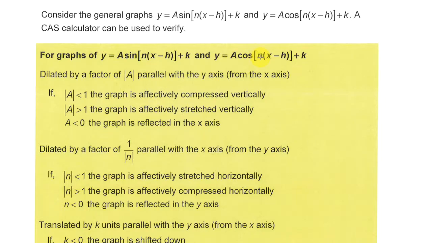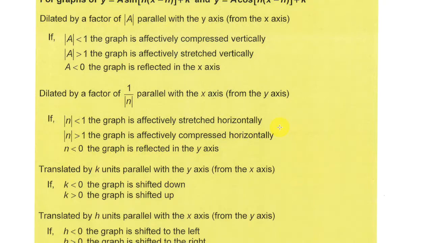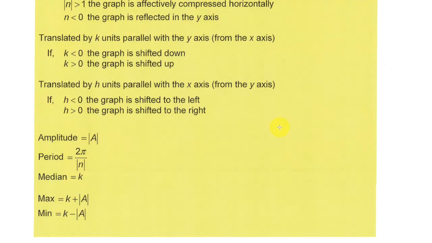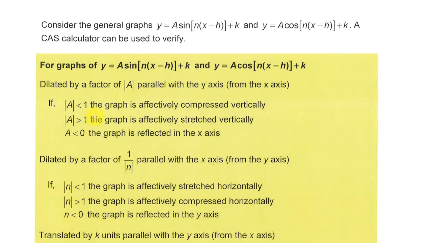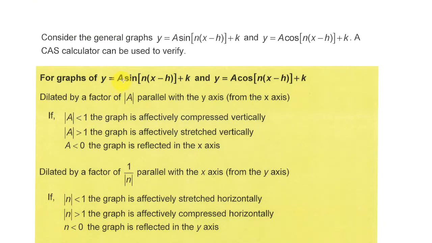N is the dilation factor of 1 on n, parallel with the x-axis, so every x value has been multiplied by 1 on n. And that's all explained here. Your amplitude is just the size of the number immediately in front of the overall function.